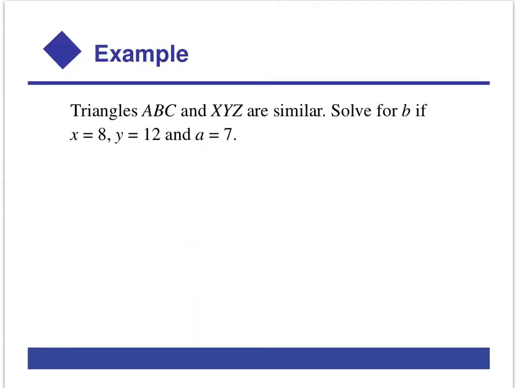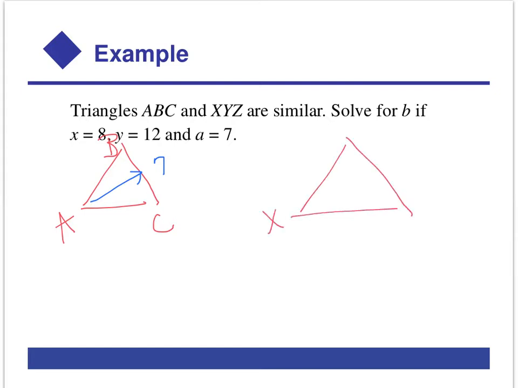Okay, let's look at this. Let's draw triangles first to make sure that we understand the problem. So I'm going to draw a triangle ABC. So here's A, here's B, here's C. And it said that side A, that's this one here, is 7. Then we're going to draw a triangle XYZ.